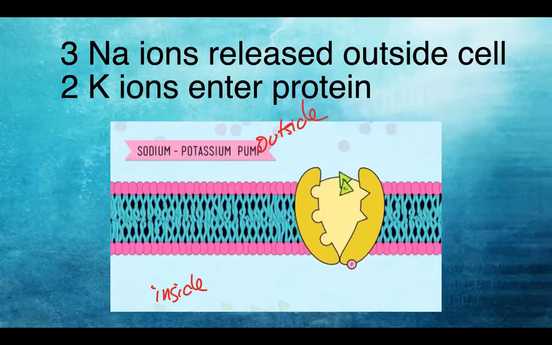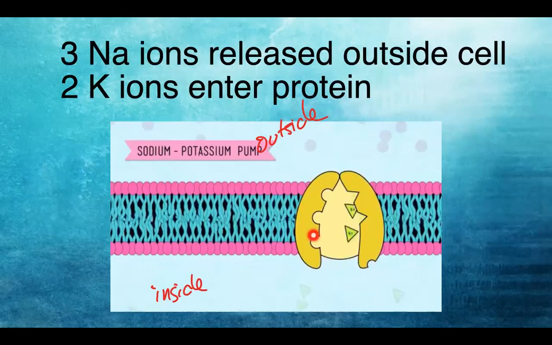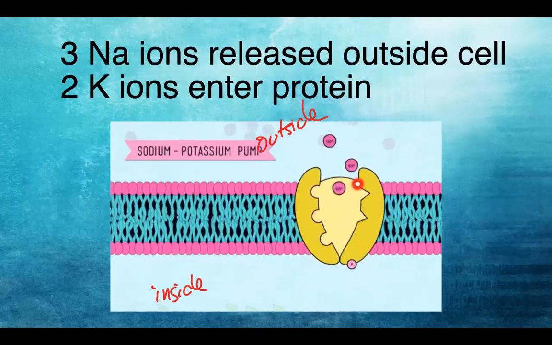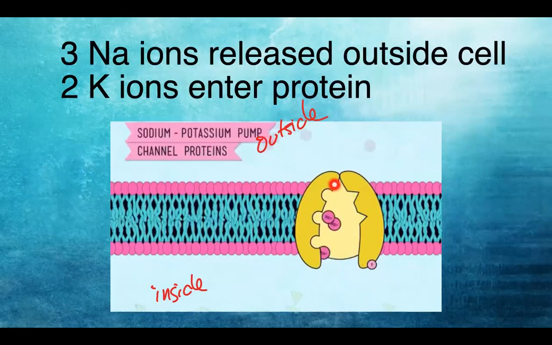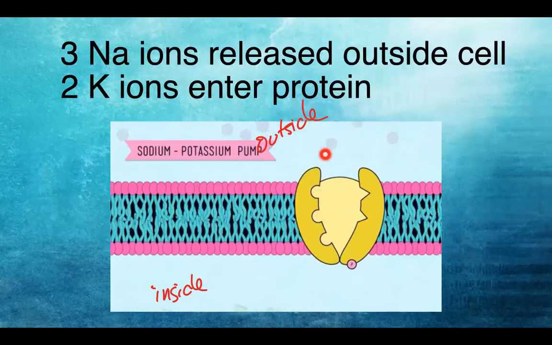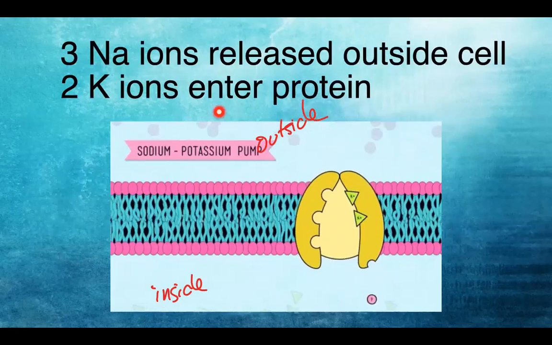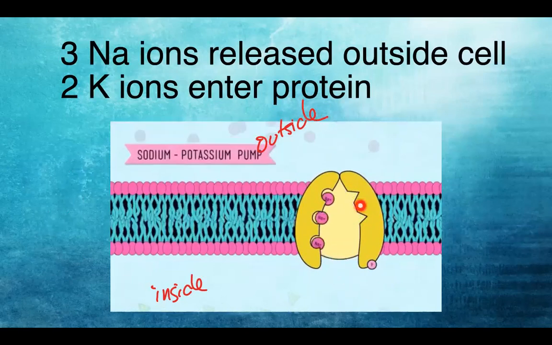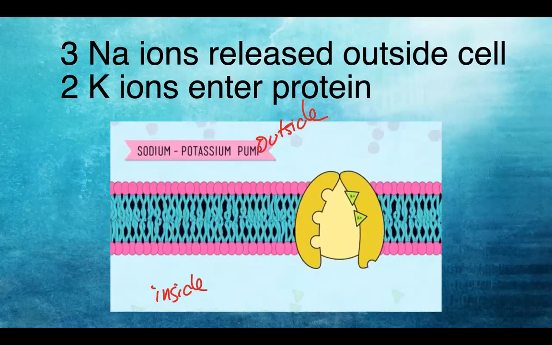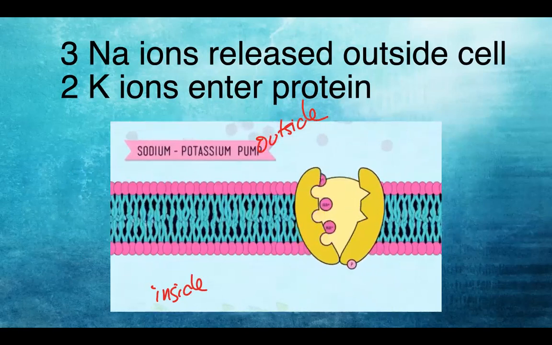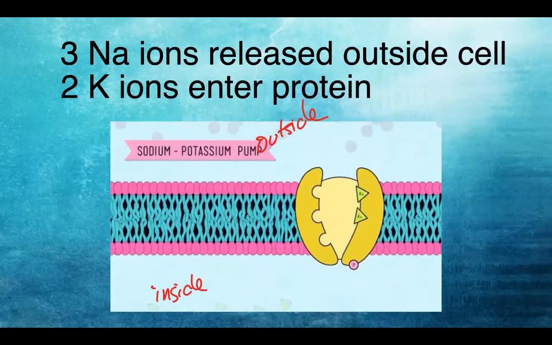And notice that the left side is matching the shape for sodium, and the right side matches the shape for potassium. So as soon as the protein opens towards the outside, the 3 sodium are released and 2 potassium ions enter the protein. As soon as that happens, you see that the protein changes shape and the phosphate is released.